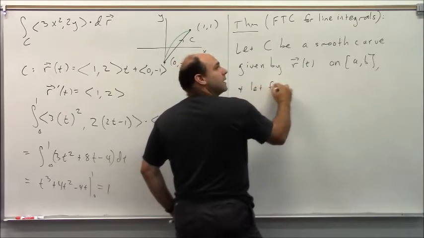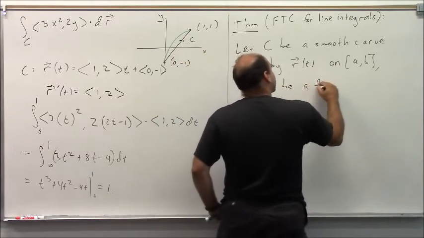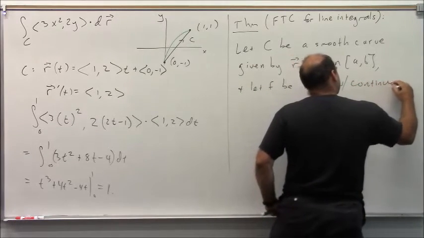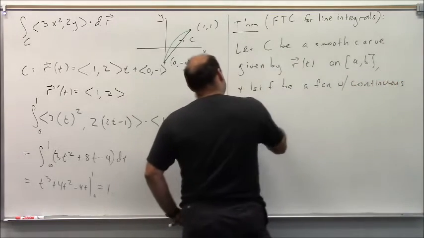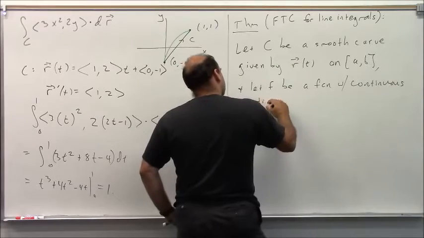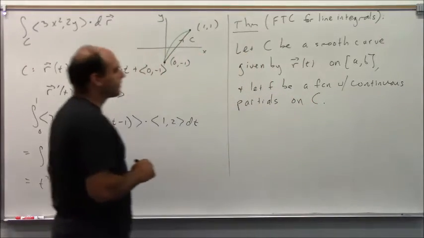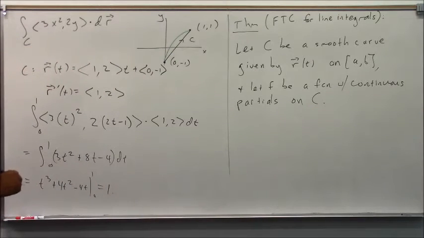And let f be a function with continuous partials on the curve C. Okay, so that's our setup. We have a reasonably nice function on a reasonably nice curve.